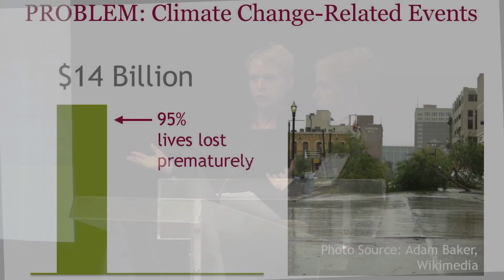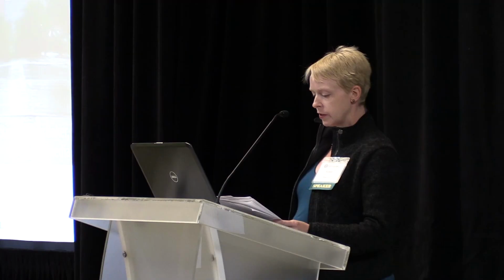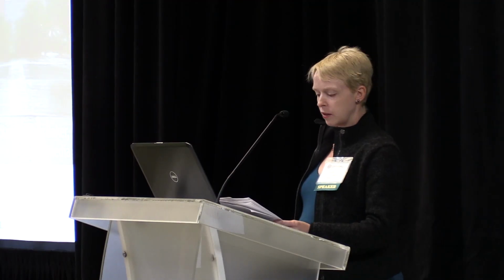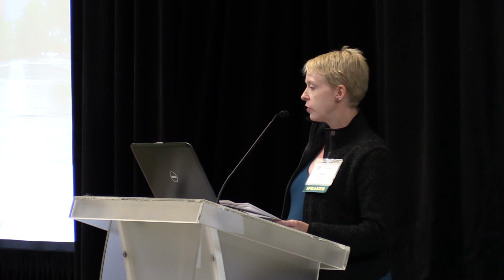This slide is simply showing that a study looking at 6 of the billion-dollar events across the US over the past decade resulted in an additional $14 billion above and beyond the estimated losses in property, assets, and infrastructure that characterize our typical accounting of economic effects of natural disasters.